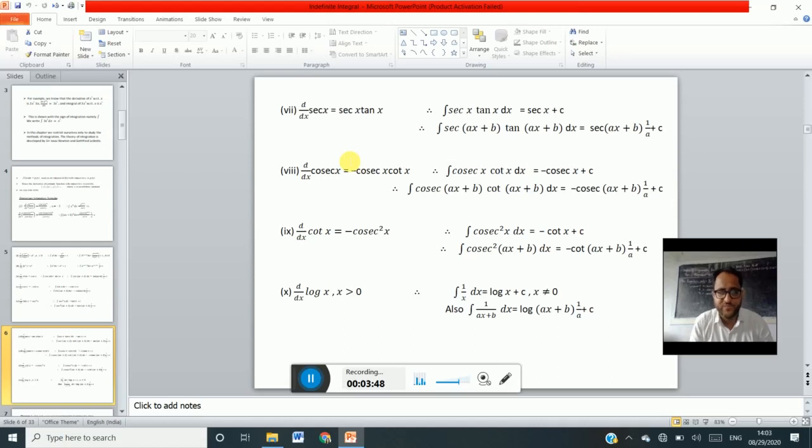See the next one. Sorry, the derivative of sec x equals sec x into tan x. Therefore, the integration of sec x into tan x equals sec x plus c. And using the important result, it is like this. Similarly, it is cosec x, cot x, and log x, and so on.